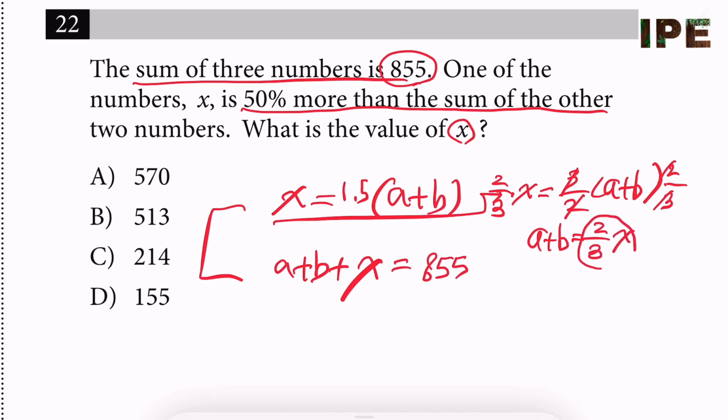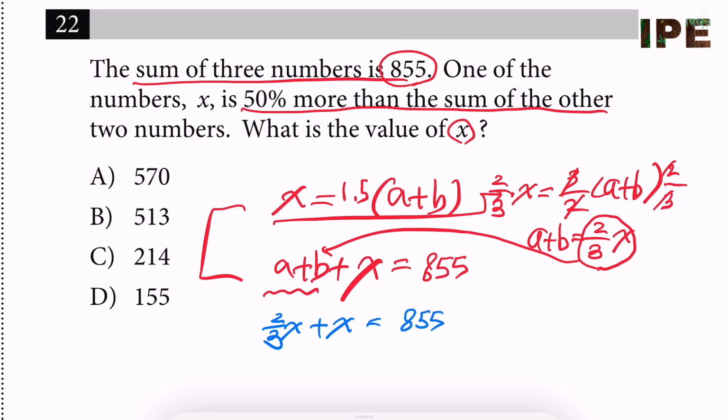I'm going to substitute 2/3 x for a plus b. That will be 2/3 x plus x equals 855. X is 3 over 3 x, right? So 2 over 3 plus 3 over 3 is 5 over 3. So 5 over 3 x is equal to 855.